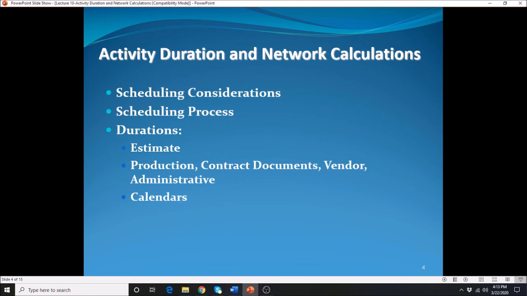The third one is the sequencing of the given activities. Which activity needs to come first, which activity goes next, and which activities can be done at the same time. And then the fourth one will be to perform the forward and the backward calculations.